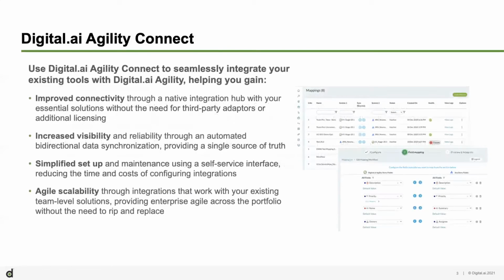And on the next slide, I'm going to dive just a little bit further into this new feature. It helps you seamlessly integrate, as I said on the previous slide, with your existing tools with Digital.ai Agility. This does several things for you.